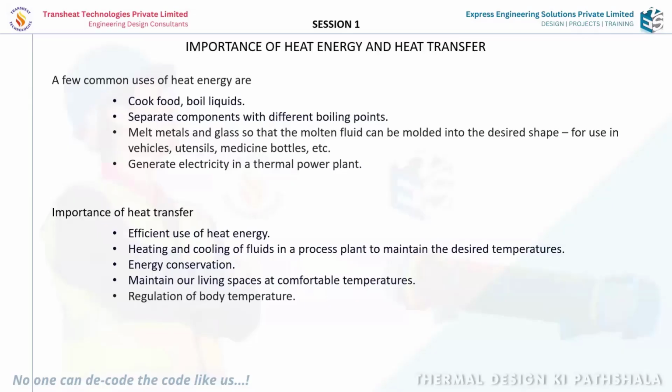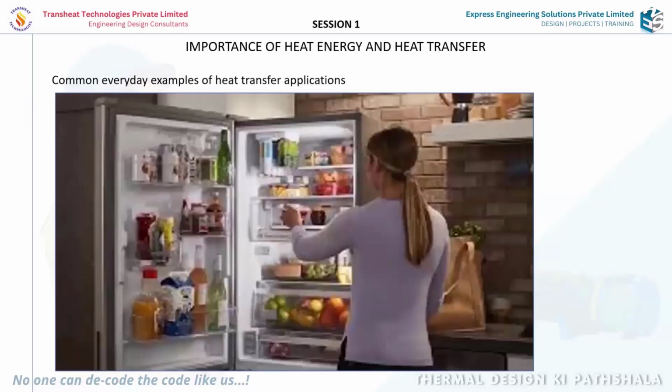Heat energy is a major form. Maintaining our living spaces, either our offices or our homes, at comfortable temperatures. Your air conditioners are a part of heat exchangers. Regulating our body temperature, that's also heat transfer; our body itself is a heat exchanger. These are some common examples of heat transfer applications.